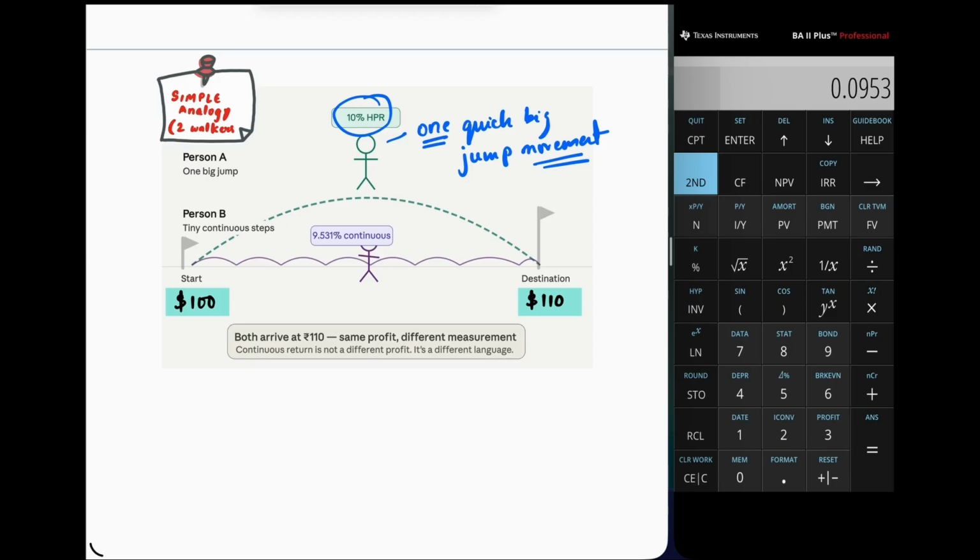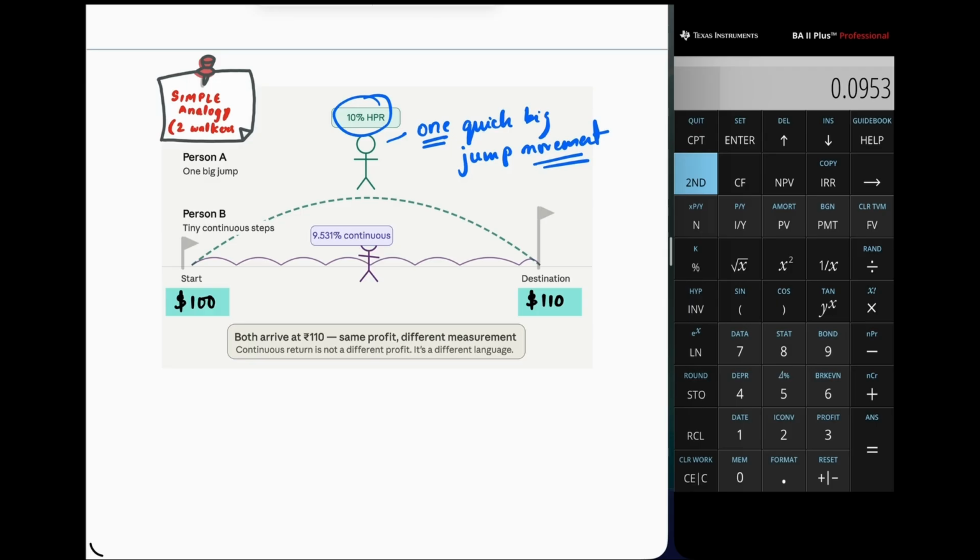Whereas person B, instead of jumping, is continuously running, or continuously walking, at one particular speed, which is 9.53, and he reaches the same destination. To reach the same destination as person A, he has to walk at 9.53. So his body is in continuous movement.